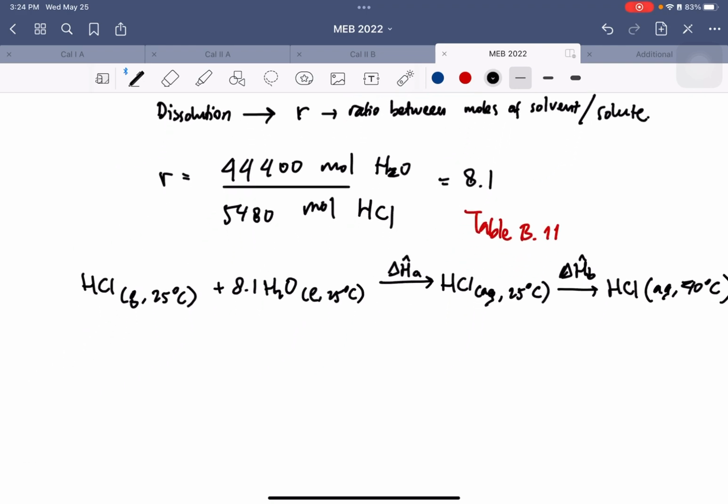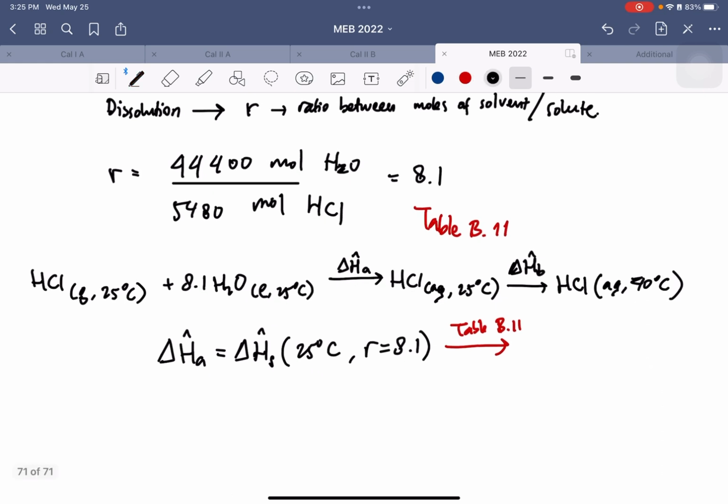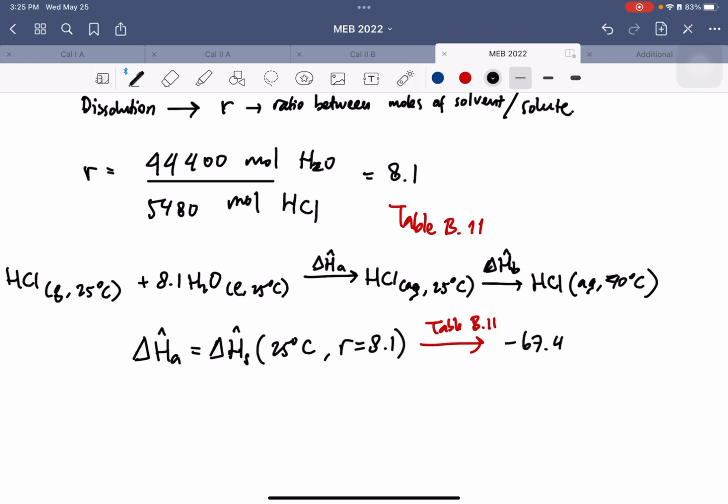Now we get delta H for delta HA, from table B.11. This will be equal to delta H of solution, which is at standard room temperature, and R is 8.1. You can check in table B.11, and we got the number of 67.4 kilojoule per mole of HCl.